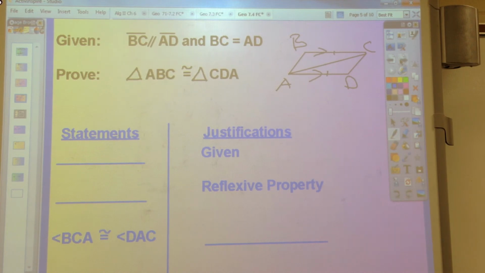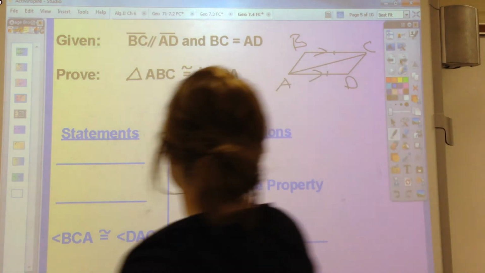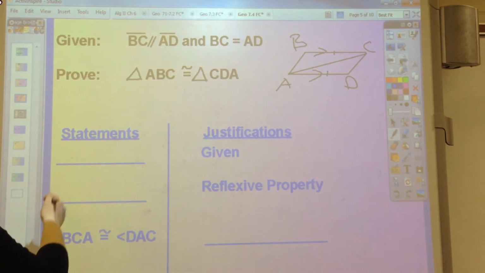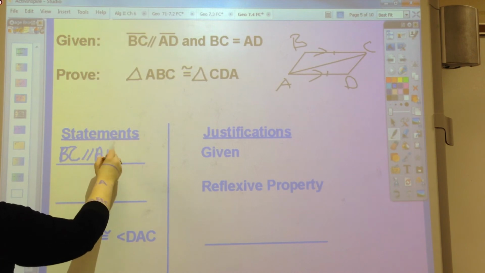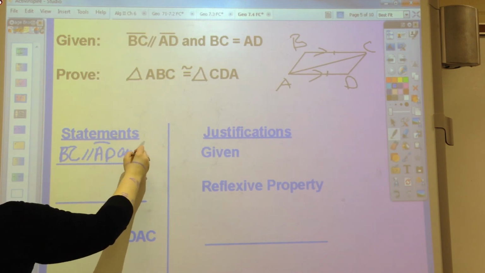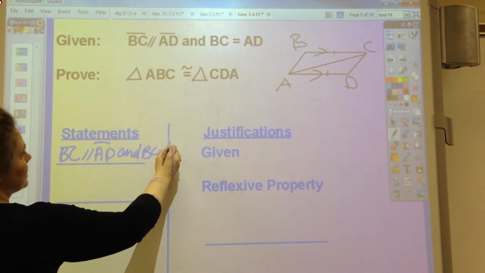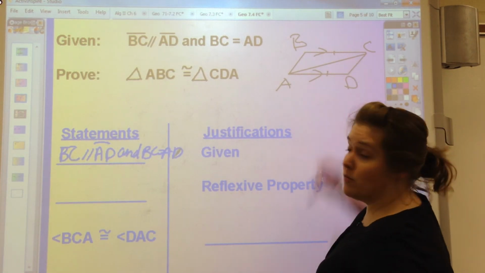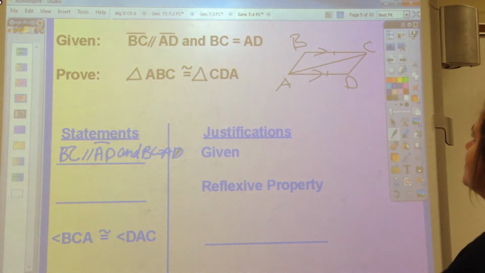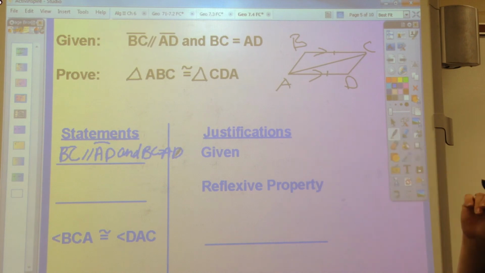Okay, now that I'm back on, what is my first statement here? Yeah, I would start with BC is parallel to AD and BC equals AD. And that's already drawn in for me on my picture. Then I want to prove that these two triangles are congruent.